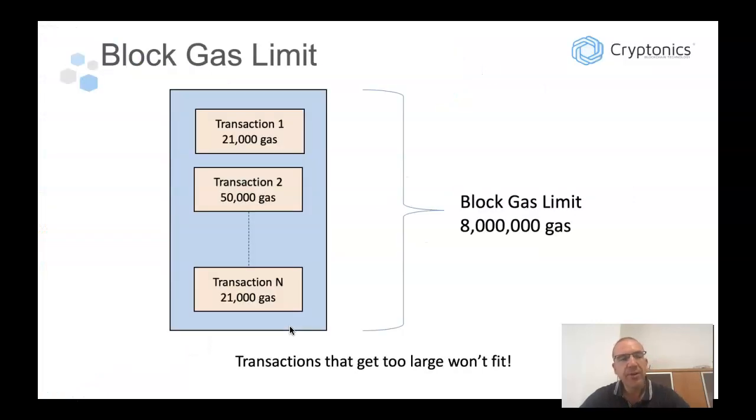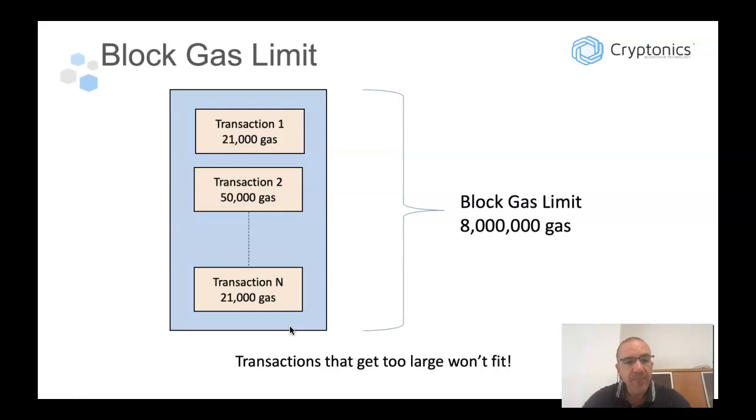First of all, what is the block gas limit? Well, as you probably know, in Ethereum and most other smart contract platforms, transactions have a cost associated with them. In Ethereum, that is called gas. Basically, each operation that is processed by the virtual machine has a specific cost expressed in gas, and gas is paid for with Ether through the gas price.